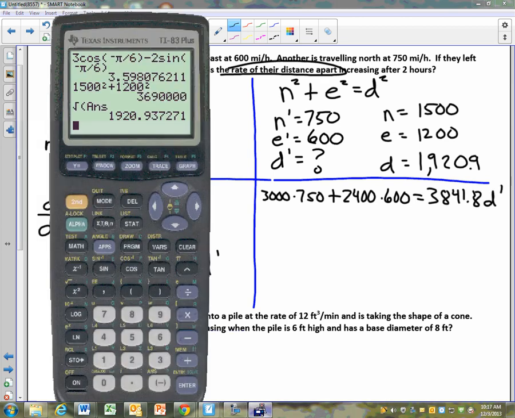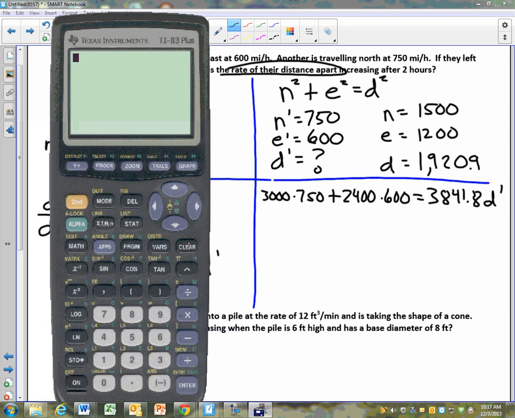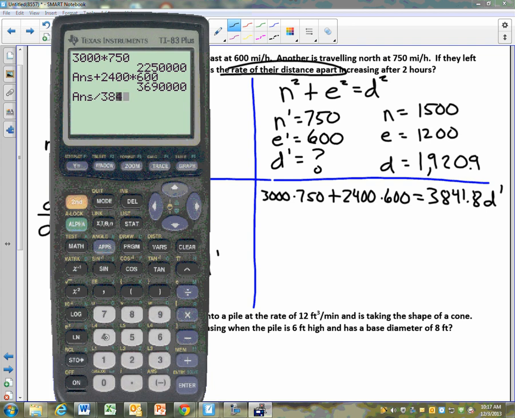So we have 3,000 times 750 plus 2,400 times 600. And I'm going to divide that result by 3,841.9, and I get 960.46.